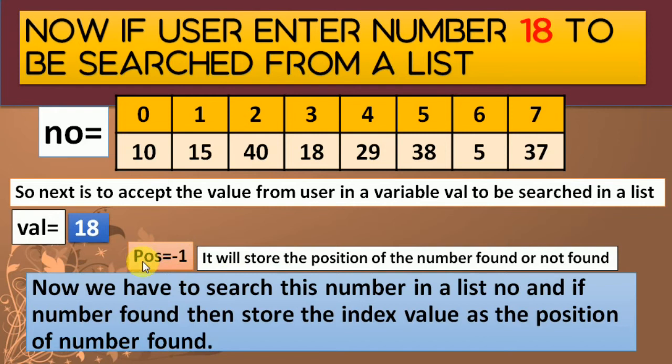Means if POS remains -1 and all the numbers have been checked, that means the number does not exist in this list, so the message will be number not found. And if this value is changed to a positive number, it means the number exists in the list. We will discuss that afterward.